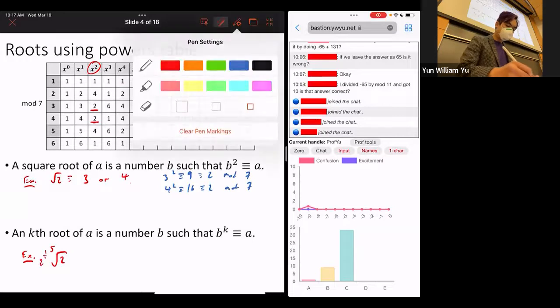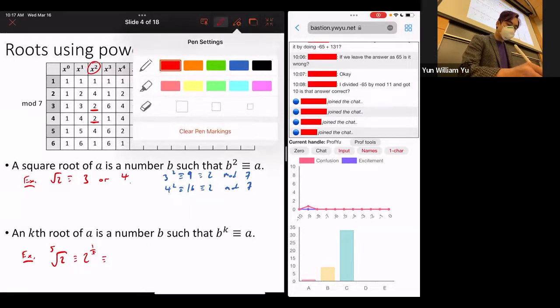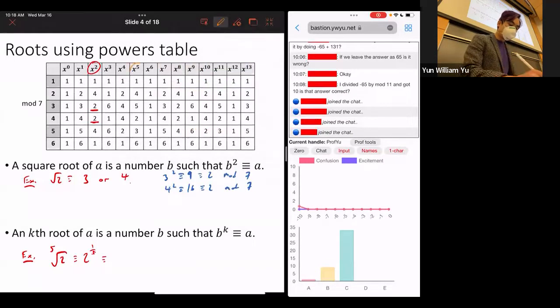What does that equal? Well, you look in the column for x to the 5 here. When is that equal to 2? When x is 4, so it's just 4.